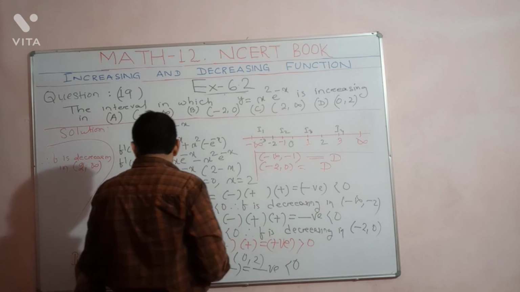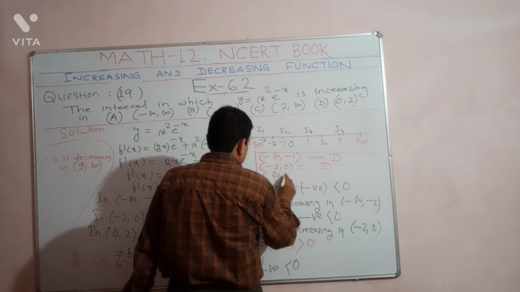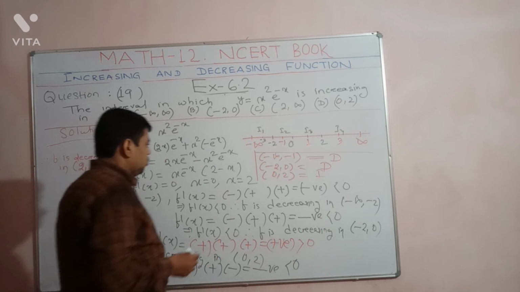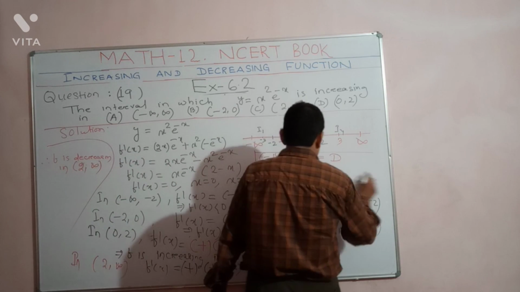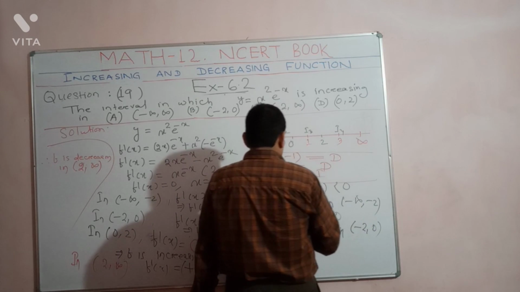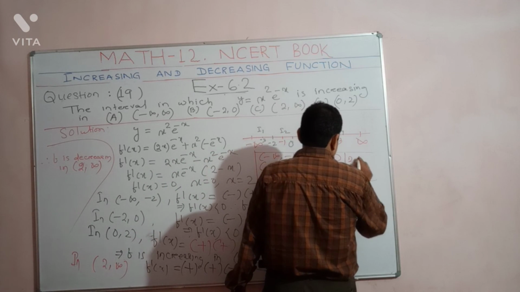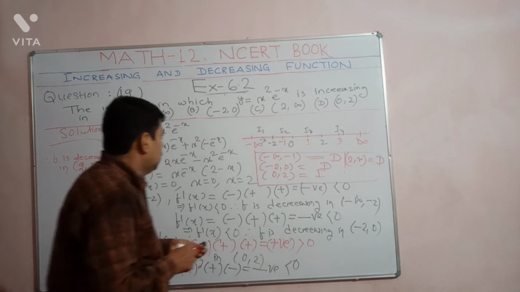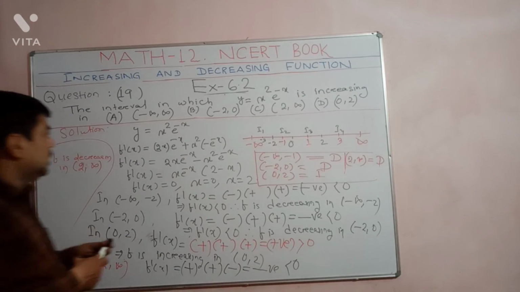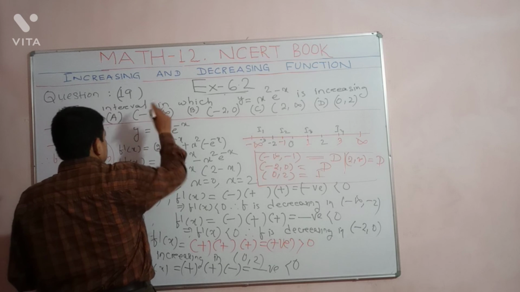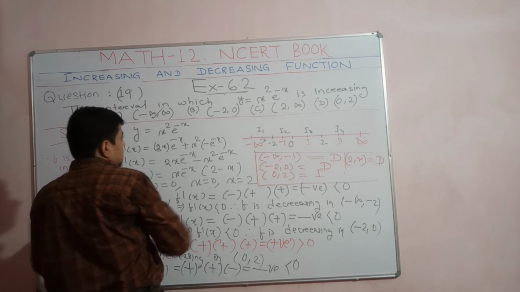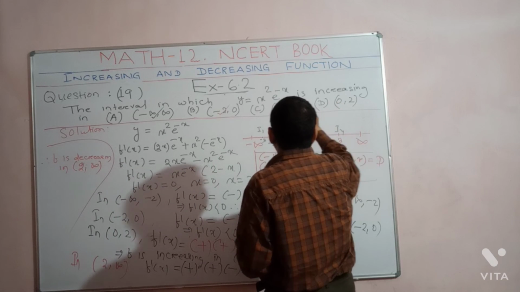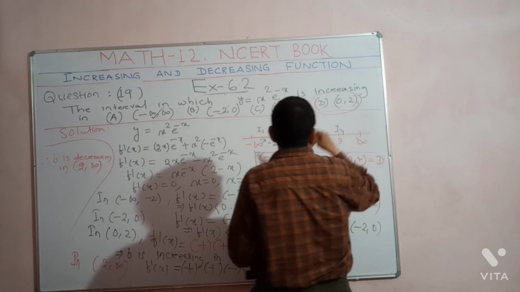In the interval 0 to 2, the function is strictly increasing. And in the interval 2 to infinity, finally we get that the function is decreasing again. So which is the correct option? So D is the correct option.